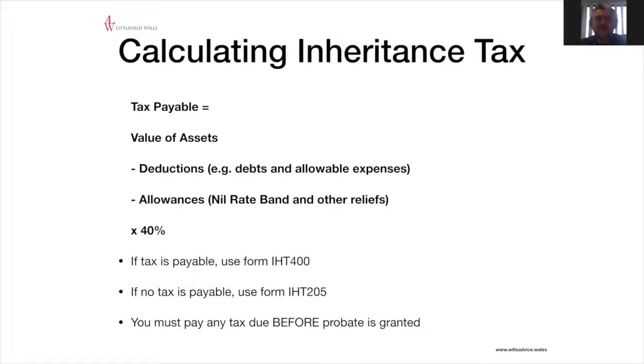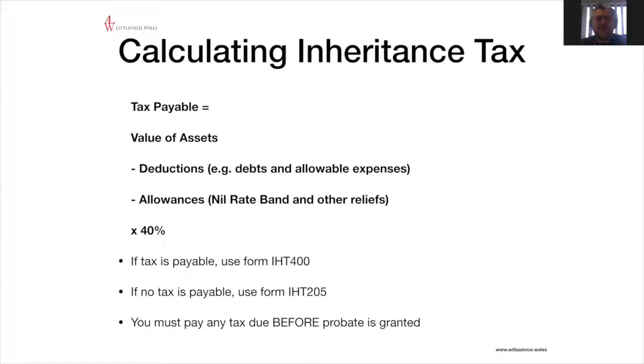with the question of inheritance tax, or IHT. And I put up there the very basic formula for calculating the IHT. You need the value of the assets, and I'll get to how you do that in a short while. You take off the gross value of the assets deductions, such as debts and allowable expenses.